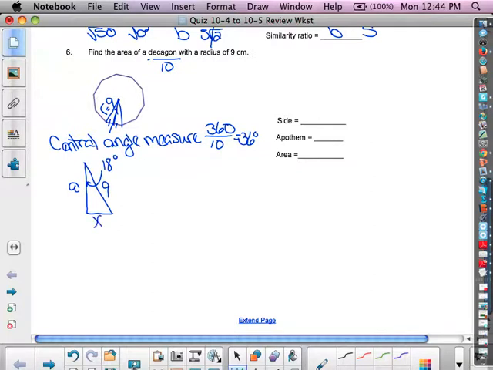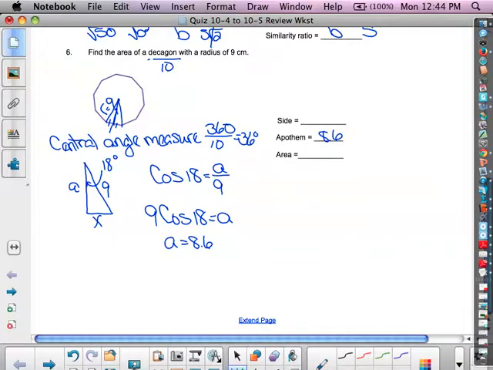So for these I'm going to use sine, cosine and tangent, the trig ratios. For finding the apothem, I'll use cosine of 18 is equal to a over 9. Multiply both sides by 9. You have 9 times cosine of 18 equals a. So a, the apothem, is equal to 8.6.